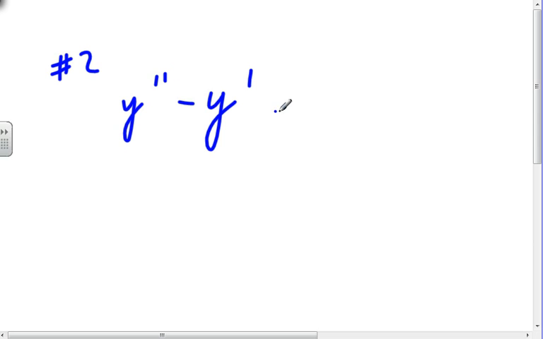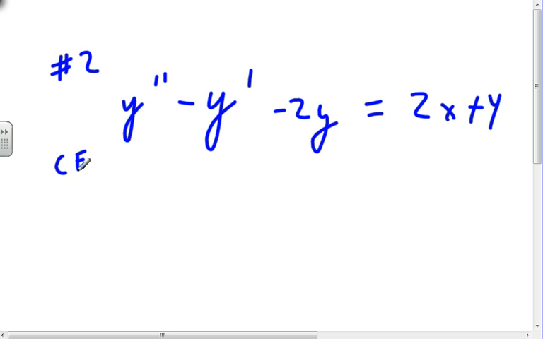Okay, now that we know all that, we're going to look at number 2. We have y double prime minus y prime minus 2y is 2x plus 4. And we find the characteristic equation associated with the homogeneous solution. r squared minus r minus 2 is 0.